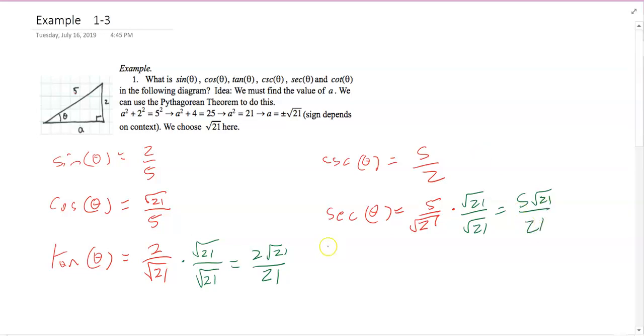Then the cotangent theta will be the reciprocal of tangent, 2 radical 21 over 21. That's going to be radical 21 over 2. And we're done. So we found all 6 trig functions there.